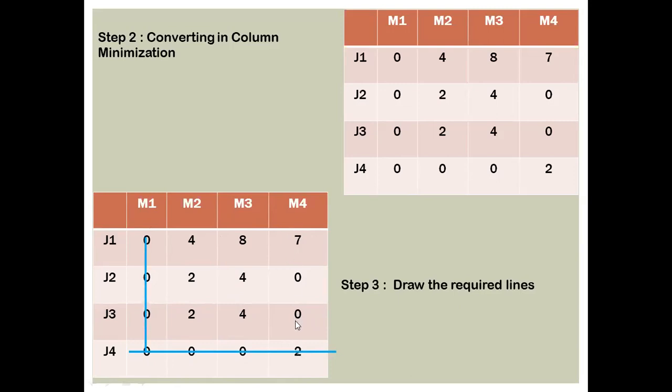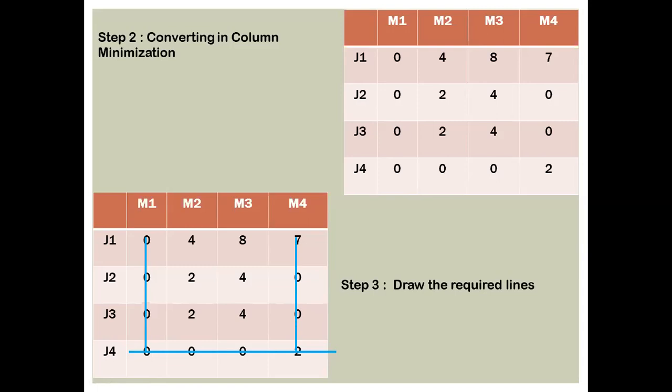So the first column gets the next line. Now class, if I see row wise, there is one single zero in J2 and one single zero in J3. But at the same time, in the fourth column, I can see two zeros which can be covered by a single line. So my third line will be drawn on the fourth column.